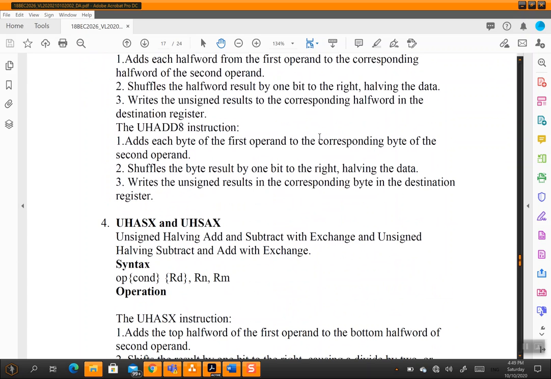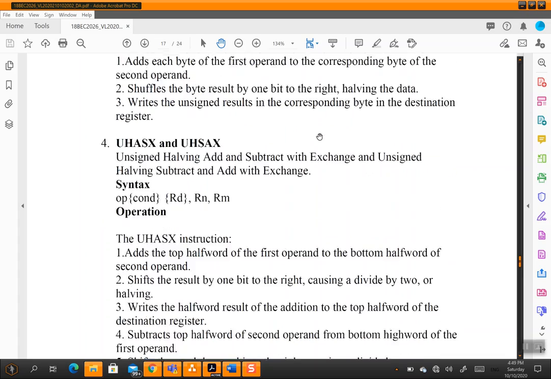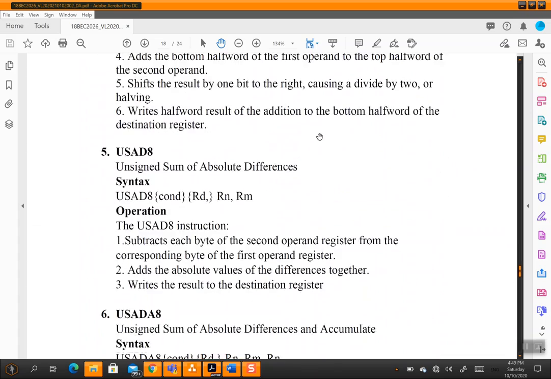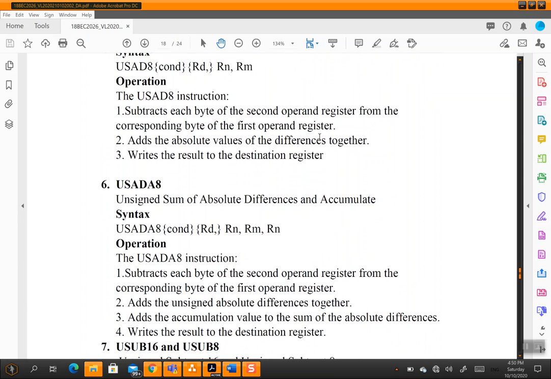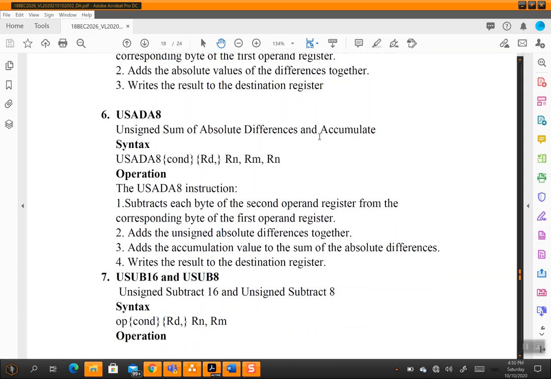The next ones are UHASX and UHSAX, used for unsigned halving add and subtract with exchange and unsigned halving subtract and add with exchange. Next is USAD8, which is used for the unsigned sum of absolute differences, and USADA8, which is used for the unsigned sum of absolute differences and accumulate.